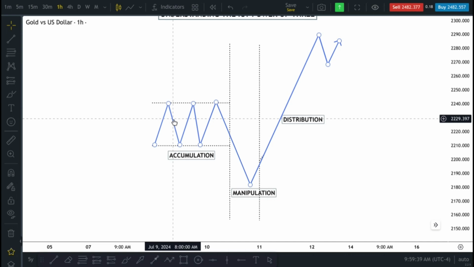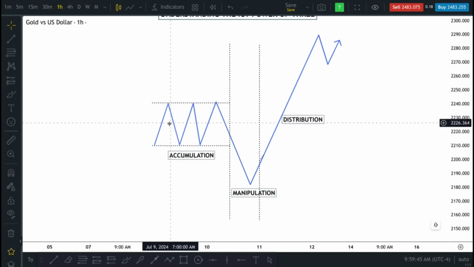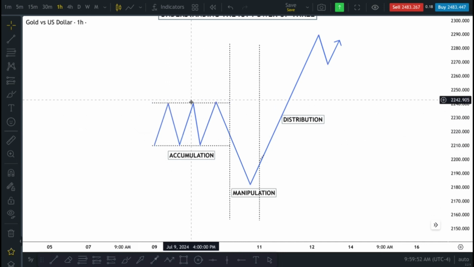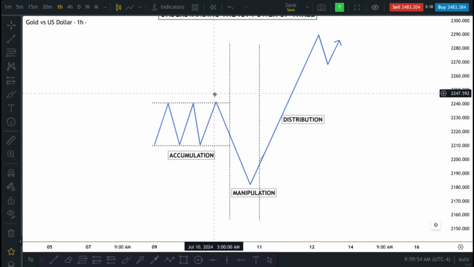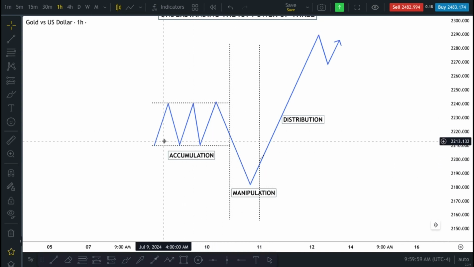And during this phase, the market often moves sideways within a range, with quite low volatility. The market is not showing any straight upward or downward move. So it's just ranging.